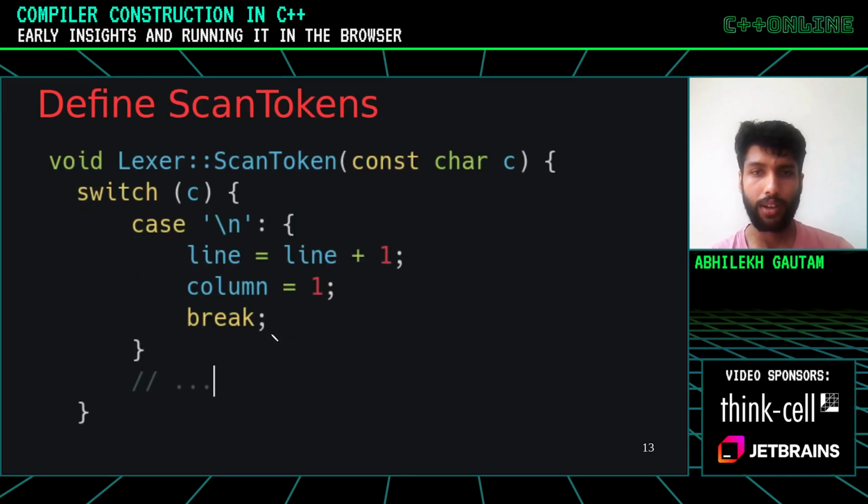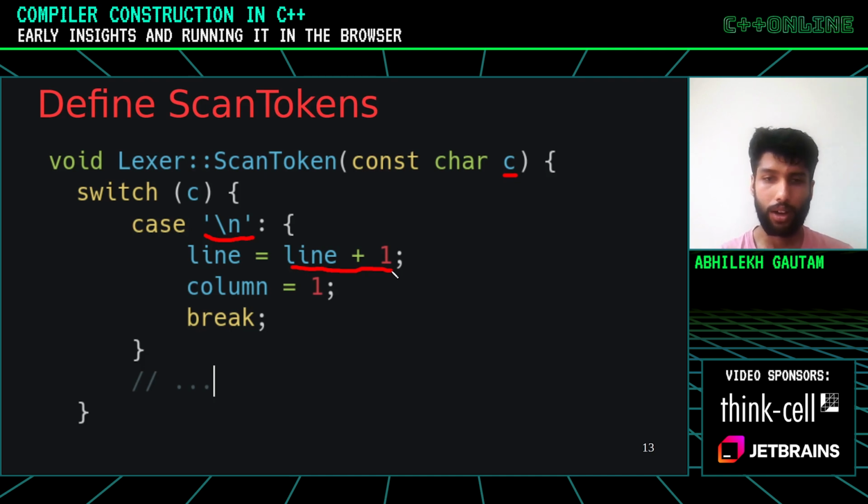Now let us see how we can define the scan token function. Scan token function basically takes in a single character here. And it's a big switch case statement, and it just switches over those characters. For example, here if the character is a new line character, right? What we do is we increment the line number by one.